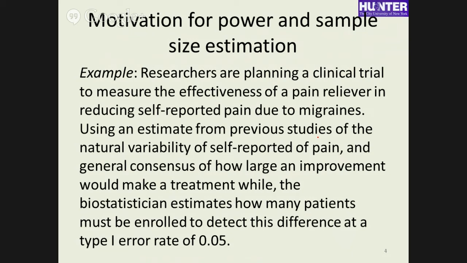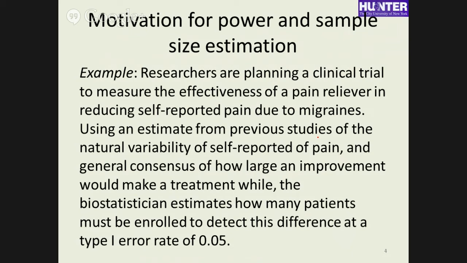So these researchers are looking at self-reported pain on some quantitative scale, and they have an idea of what the normal variability on that scale is. They can use that estimate of the variability, along with what they would consider a clinically meaningful reduction in pain.